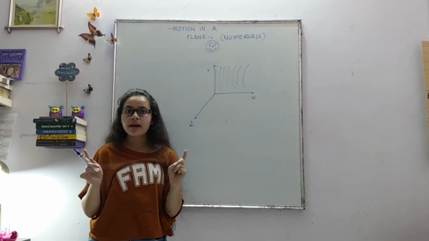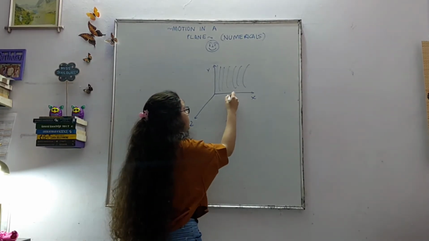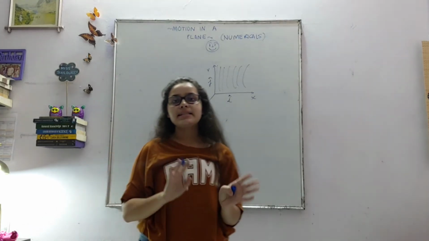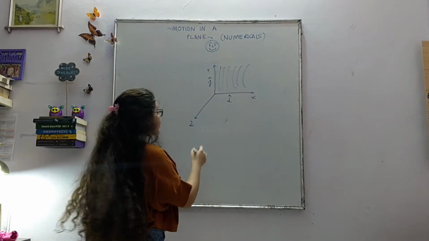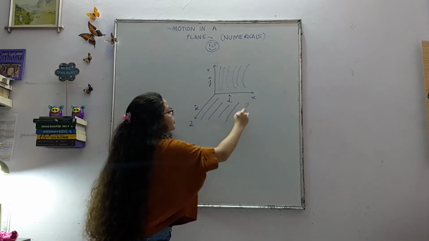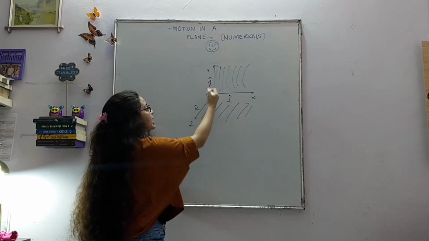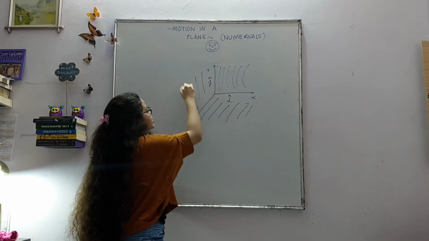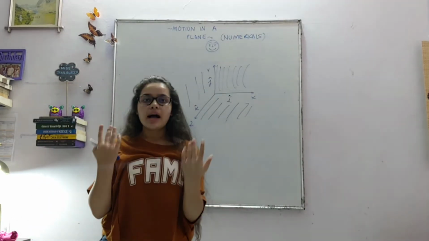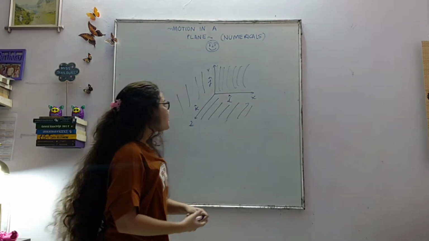What do I mean by X and Y components? When you see I cap and J cap, what is used? XY plane. When you see I cap and K cap, what is used? XZ plane. And when you see K cap and J cap together, what is it? It is YZ plane.